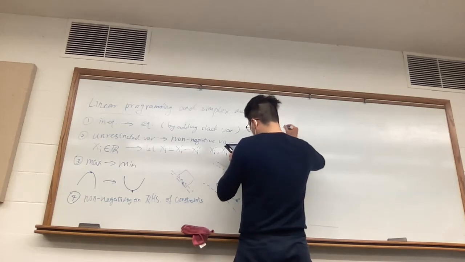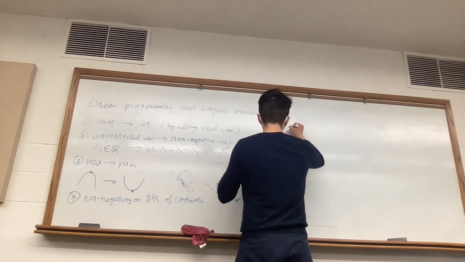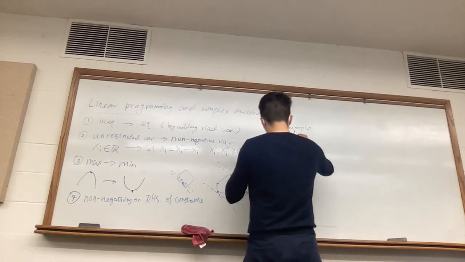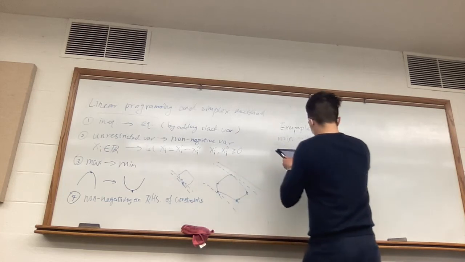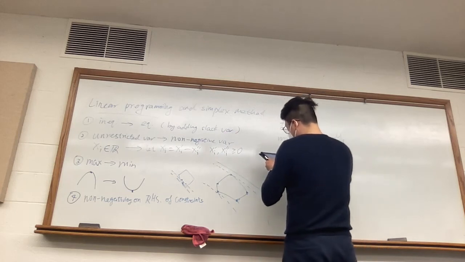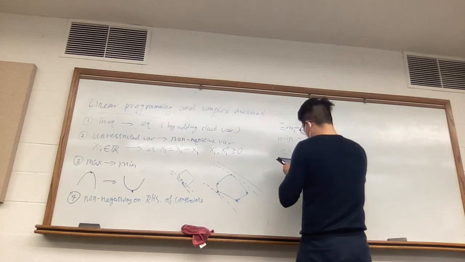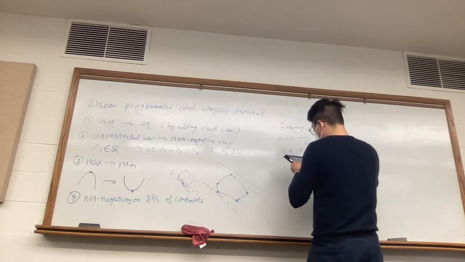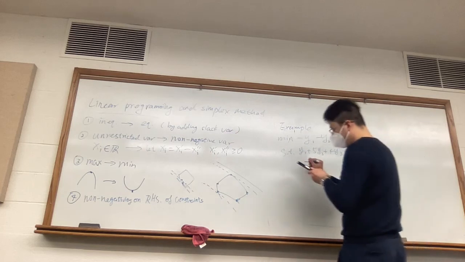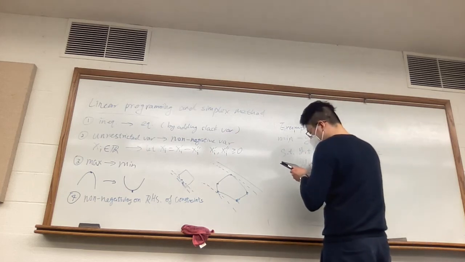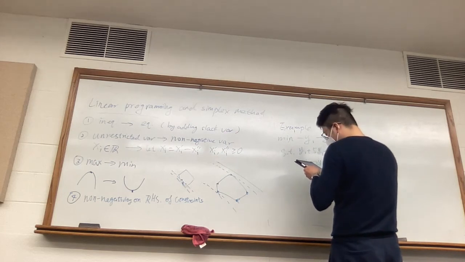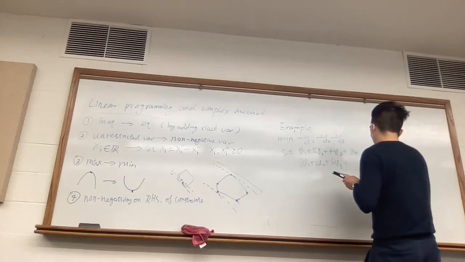Okay, so let's say we have an example. You want to minimize minus y1, minus y2, minus y3, such that y1 plus 5y2 plus 4y3 plus y4 is equal to 1, and 3y1 plus 2y2 plus 6y3 plus y5 is 1.